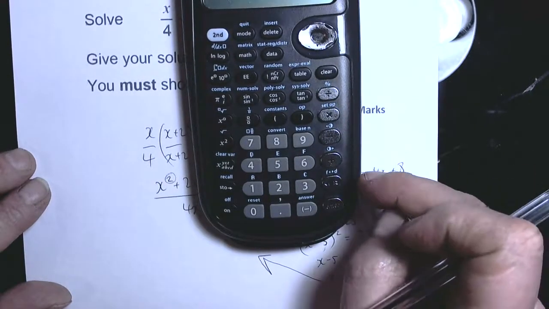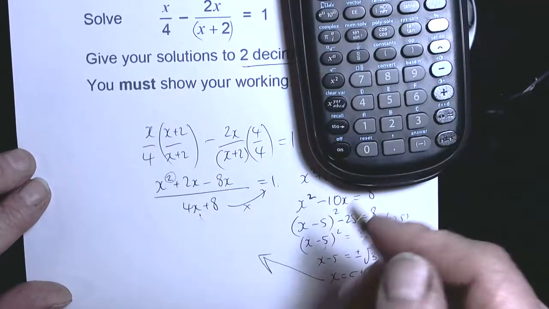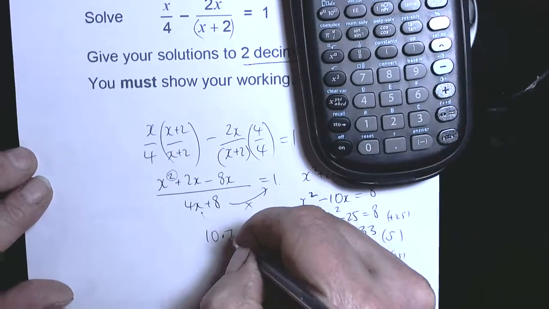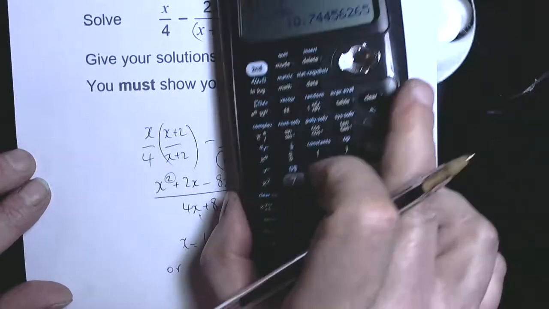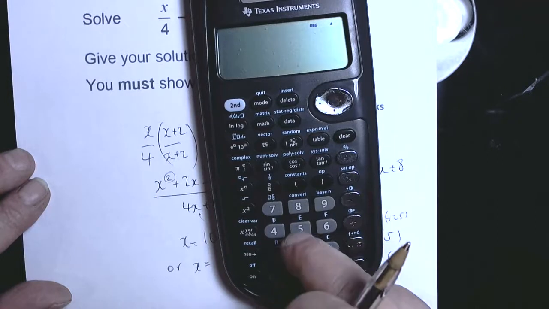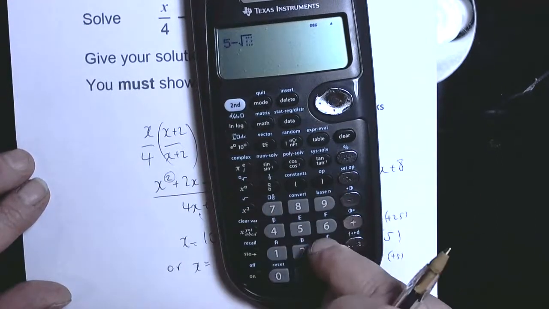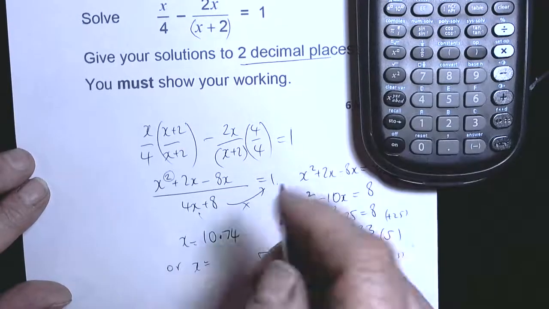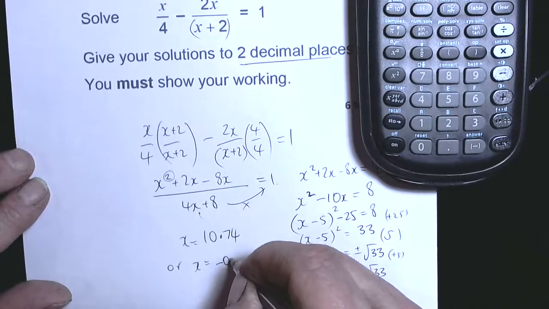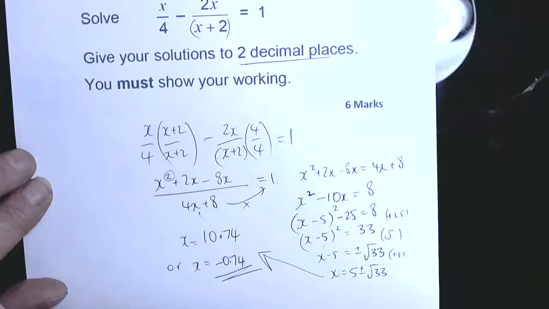Enter. And we want to change that into a decimal, so 10.74. So we've got 10.74 or x equals, because we can do the negative, so 5 take away second function root 33 equals, change that, so negative 0.74. Okay, so those are the answers then, guys.